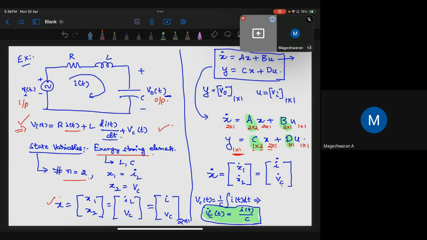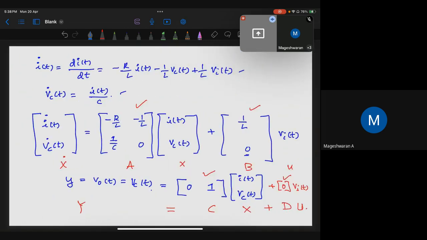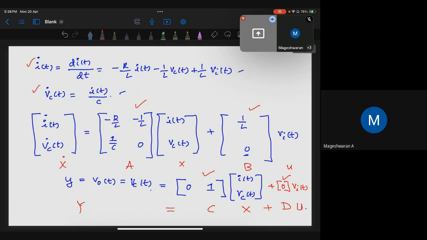Then simplify the equations properly and try to get these two equations. Finally, put them in matrix form and check what your final ABCD matrices are. This is called the state space representation of this circuit.